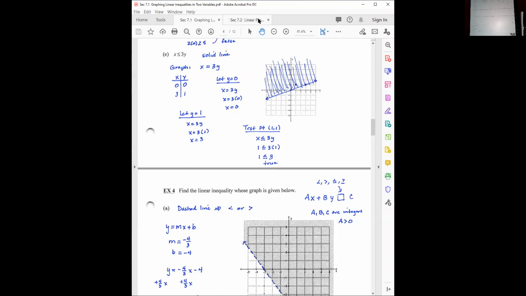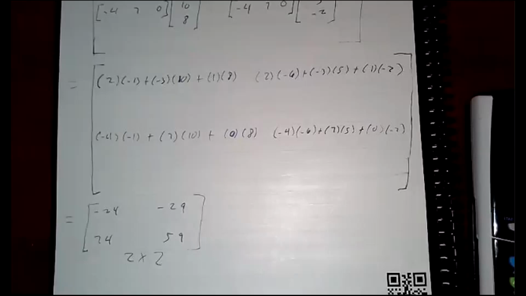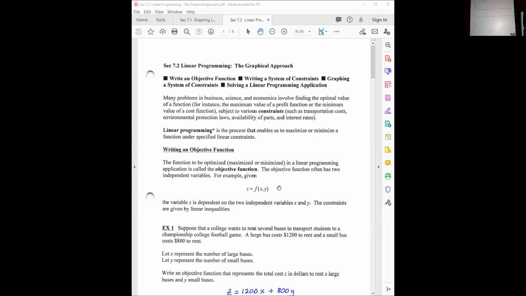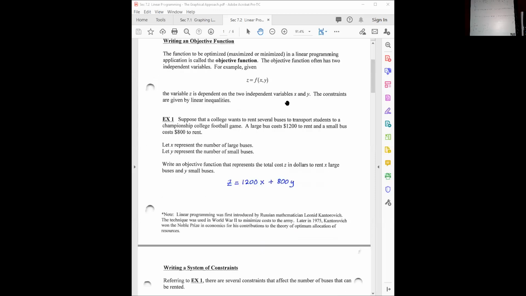I guess we'll move on to 7.2. If this makes sense, then 7.2 will be the same deal, but we'll be applying it to a profit function. And I don't want to waste too much time on this theory. If you're a business major, eventually this is going to come back up later, where the entire class is just about linear programming. So you'll see this again one day if you're getting your bachelor's in a business type of degree.